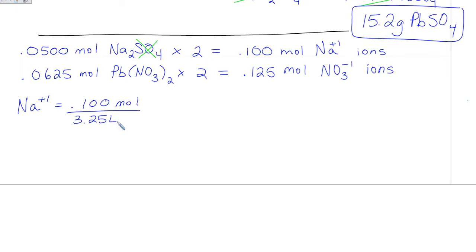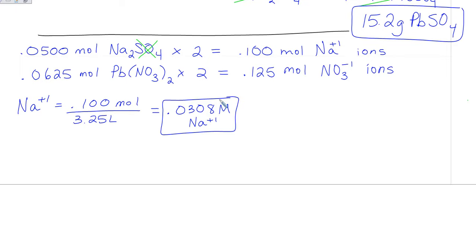I think I can handle that. 0.1 divided by 3.25 gives me about 0.0308. Let's go 3 sig figs. Okay, so there's the sodium plus 1. That's one of the ions remaining in the solution.